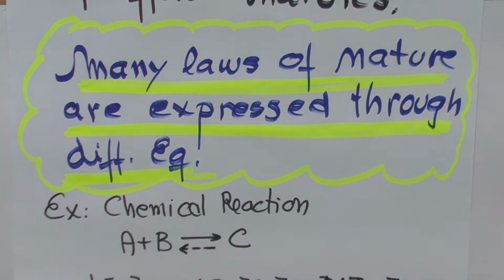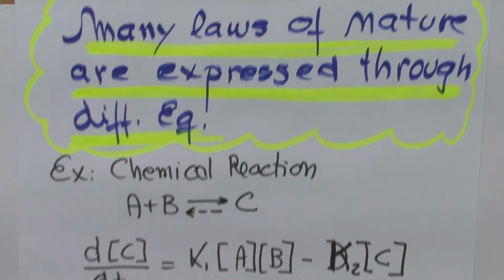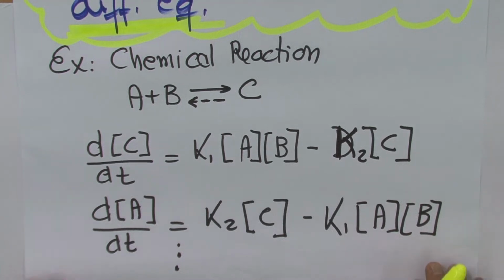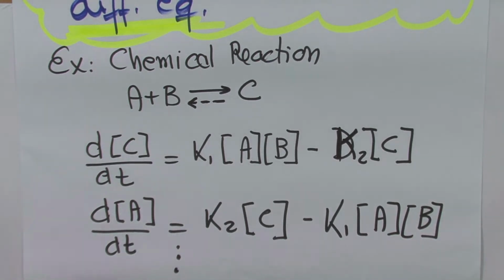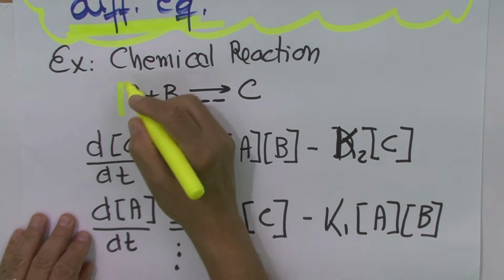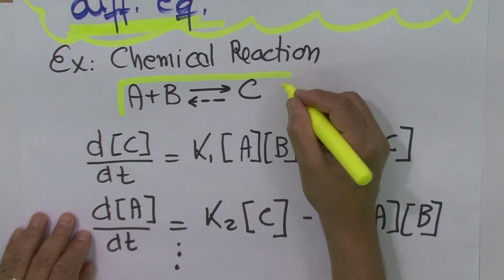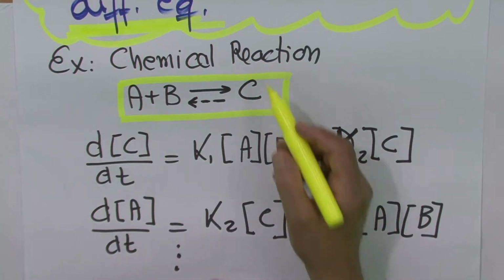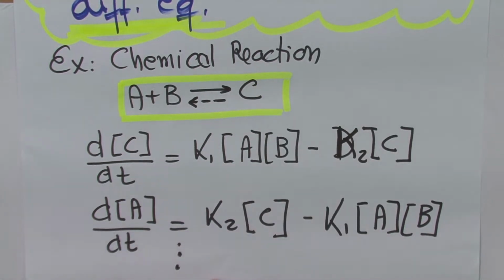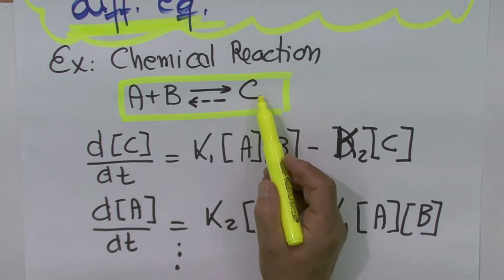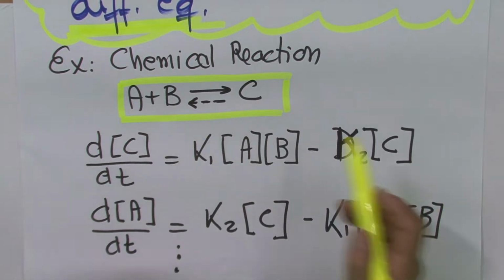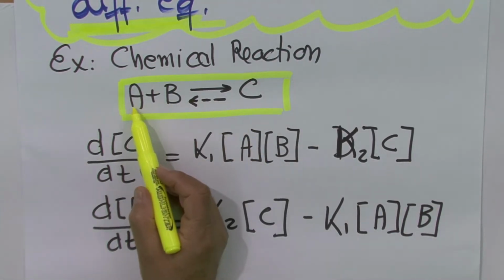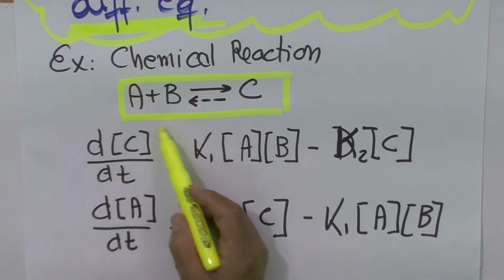Okay, here I put another example that's very common in engineering, which is chemical reactions. We all know what a chemical reaction is. You put the reactants together, and they will produce some other stuff. But there is a chance that this other stuff dissociates by itself and comes back to the original reactants.